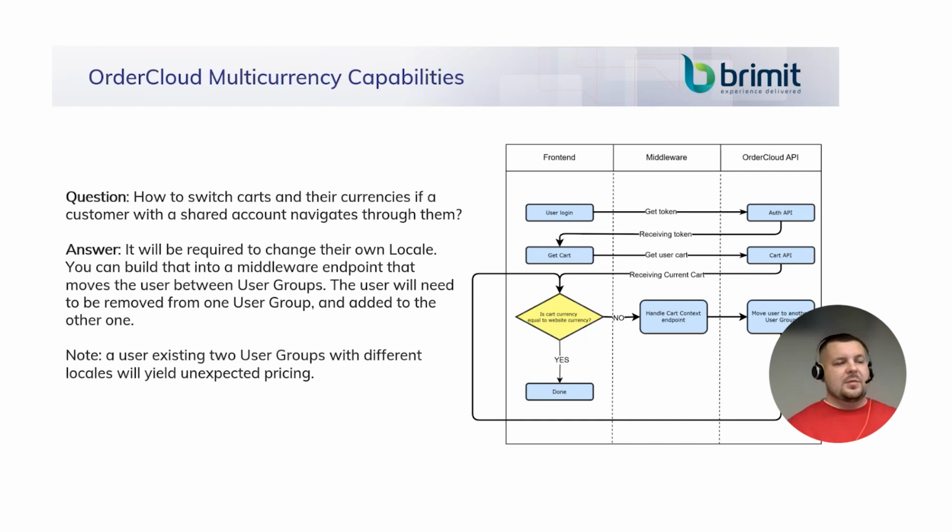So in that case, we make a request to a custom middleware endpoint to handle cart context, which is responsible for calling the OrderCloud API to move the user from one user group to another. Once this move has happened, we again check if the cart currency has been properly switched, and if everything is okay, the user can proceed with the shopping journey on the website.